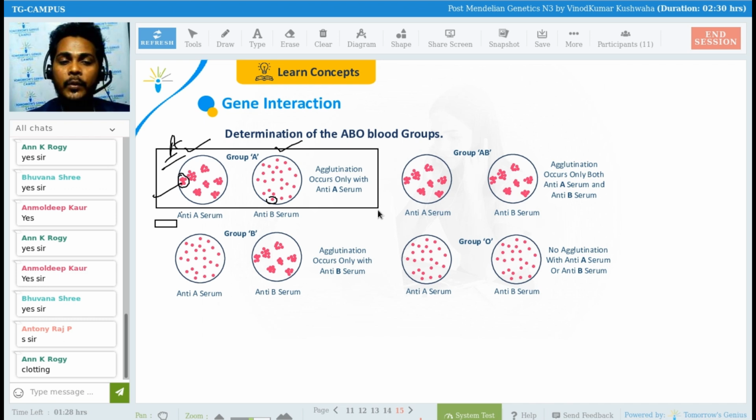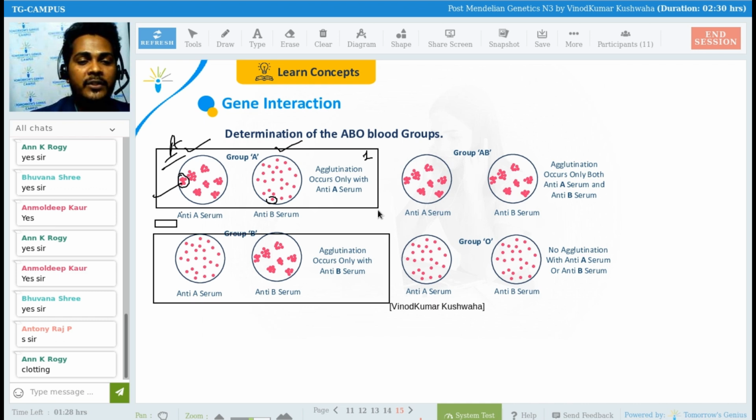If agglutination occurs with anti-serum A, the blood group is A. And if agglutination occurs with anti-serum B, then the person has blood group B. As you can see here, this is the first slide, and similarly this is another slide, the B slide. There is no agglutination in the A anti-serum, and because of that this person has blood group B, and this person has blood group A.